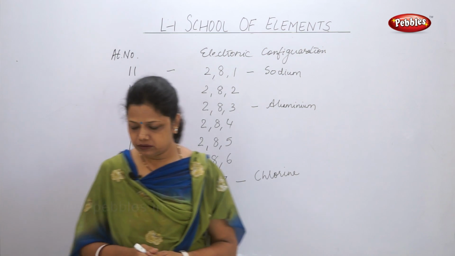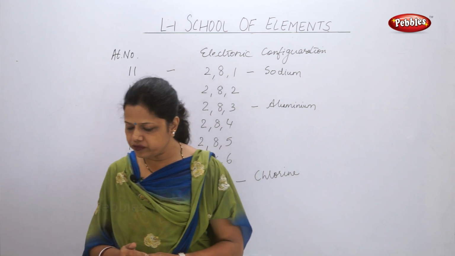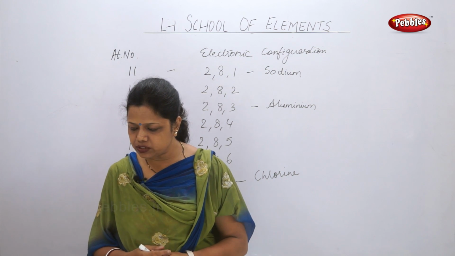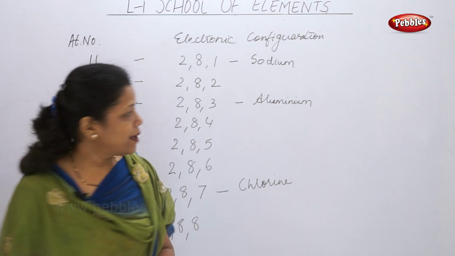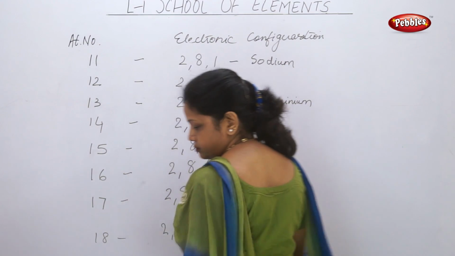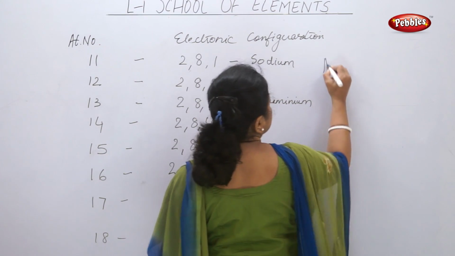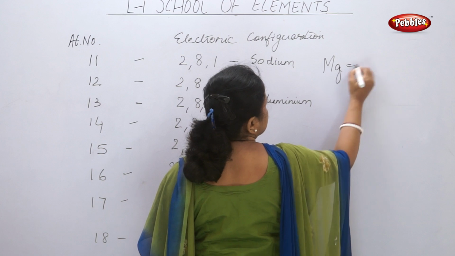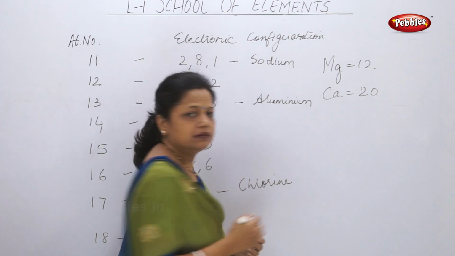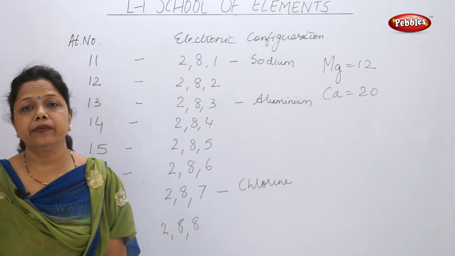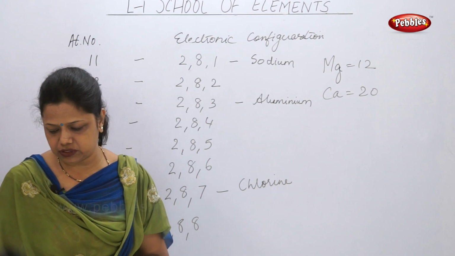Now the fourth question. Write the electronic configuration of magnesium, calcium, fluorine and chlorine. Magnesium has atomic number 12, calcium has atomic number 20. If I give you the atomic numbers, you can make your own electronic configuration.